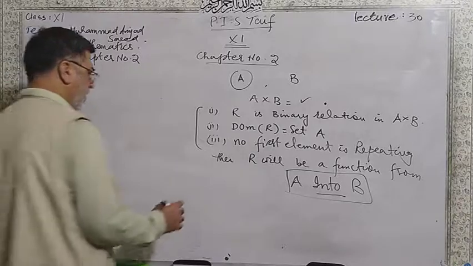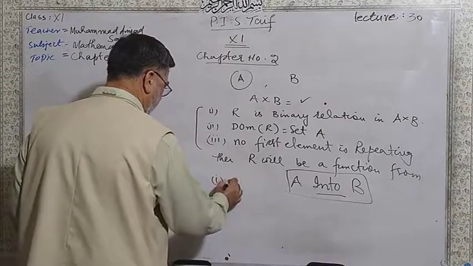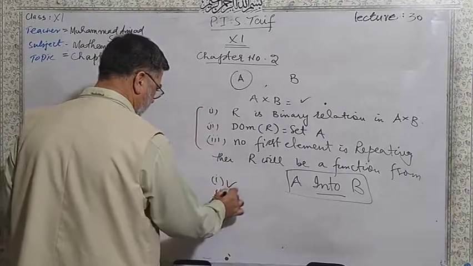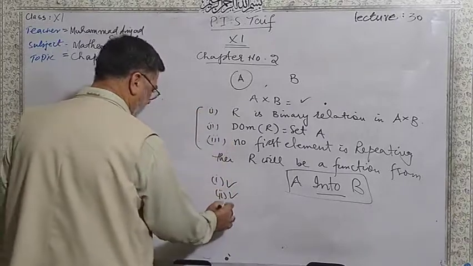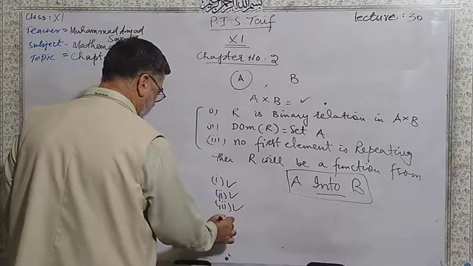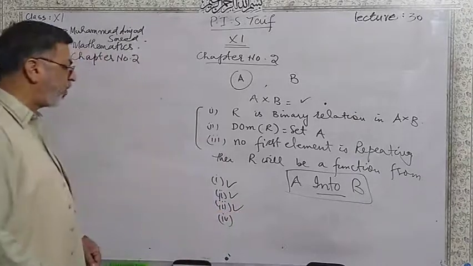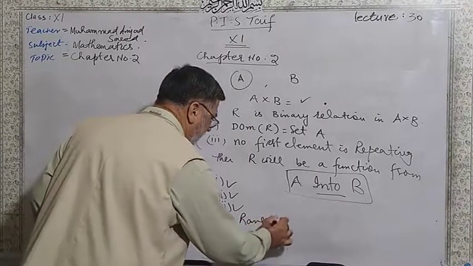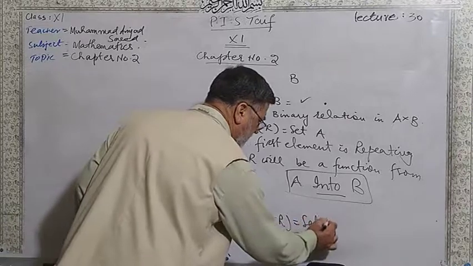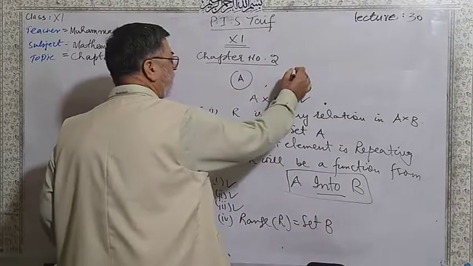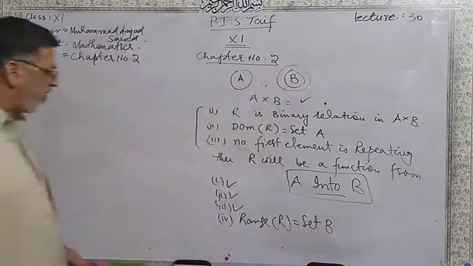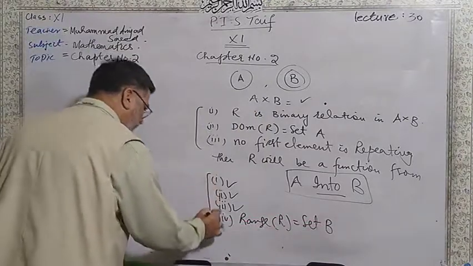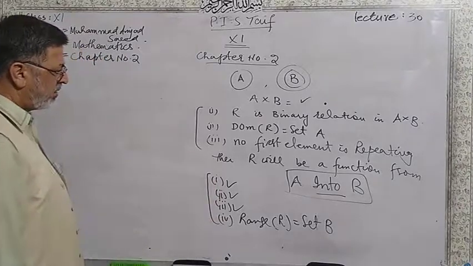Dear students, if point number 1 is satisfied, number 2 is satisfied, number 3 is satisfied, and if number 4 is also present, the range of R is equal to set B, you have 4 conditions.